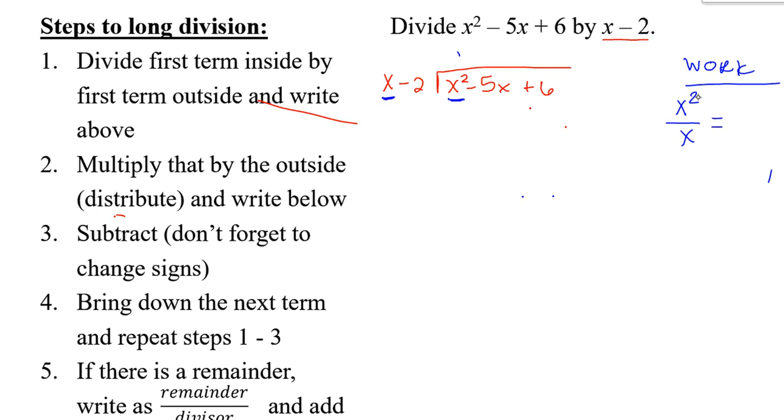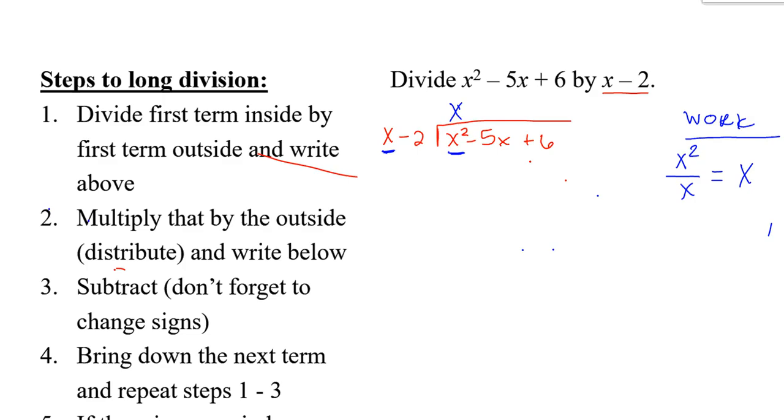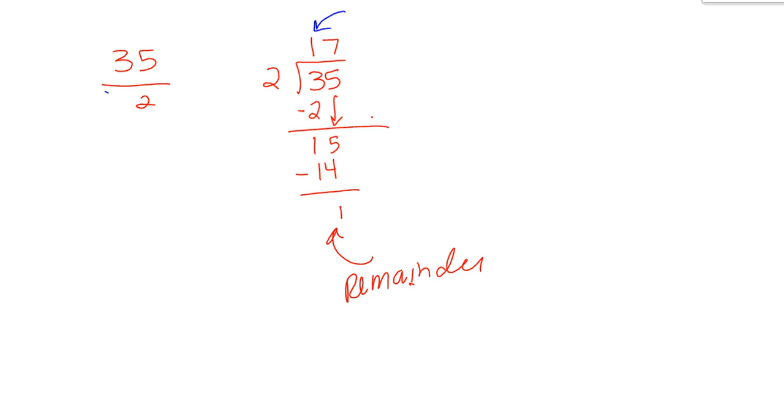Okay, reducing that down, x squared divided by x, that's just x. That is what gets written up top. It is just like the 1 right here back in our regular example. Okay, our next step was to take the 1 and multiply it by the 2, write it below.